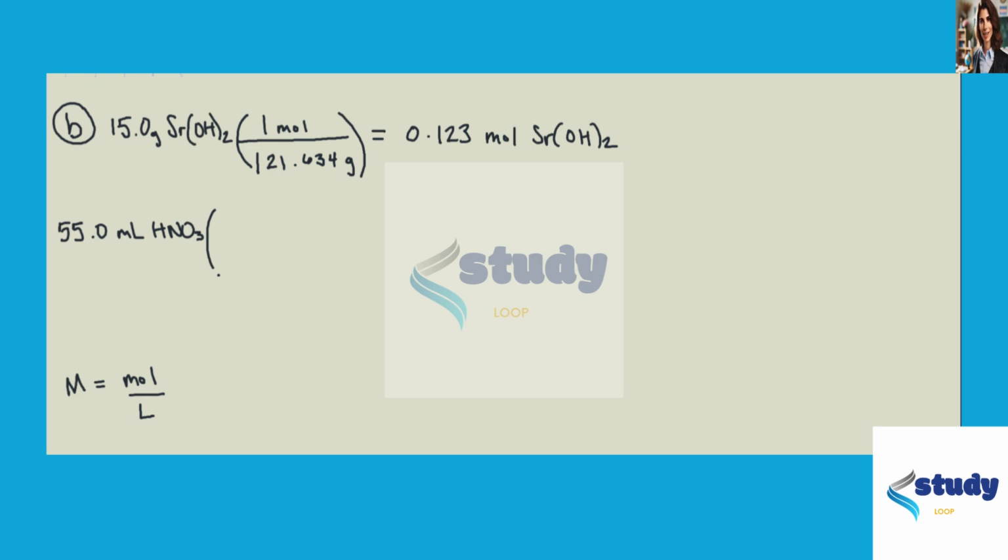But to do that, I need my milliliters to be in liters. So to go from milliliters to liters, I write 1,000 milliliters on the bottom and 1 liter on top. Okay. So that's going to let me cancel milliliters and milliliters. Forgot to cancel grams and grams up here.